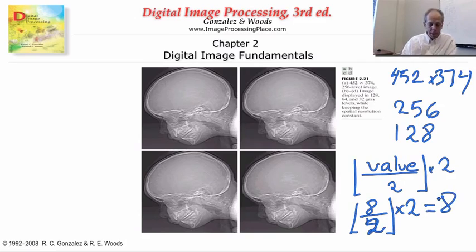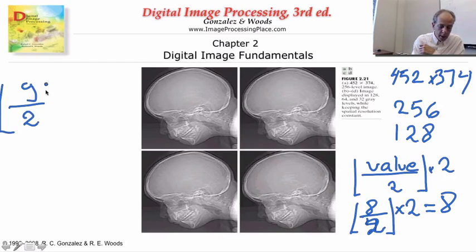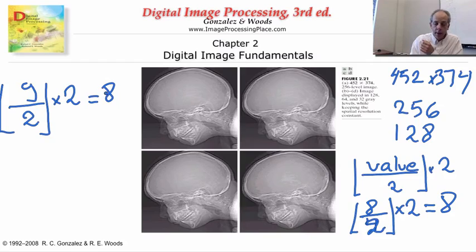But what happens if you have 9? You divide by 2, that's 4.5. But I have to take the closest integer from below. That's 4. I multiply by 2, and this became 8. So a 9 was transformed into an 8. And that reduces the range and reduces the quality of the image.